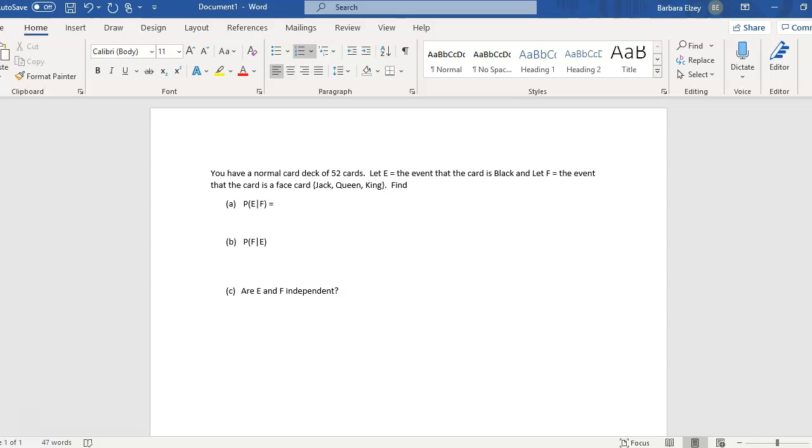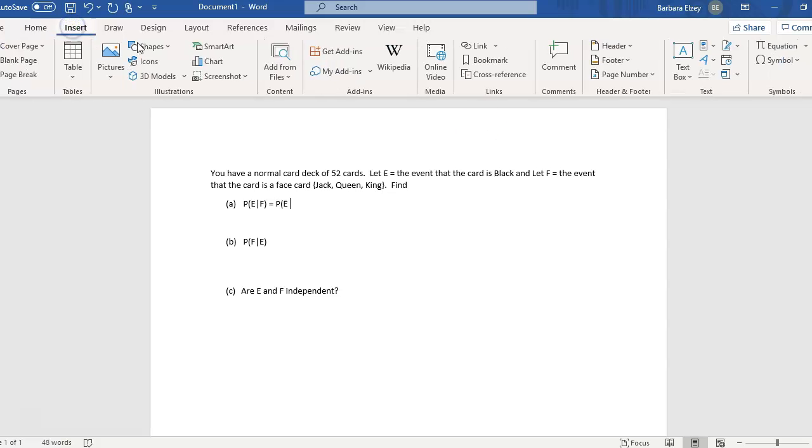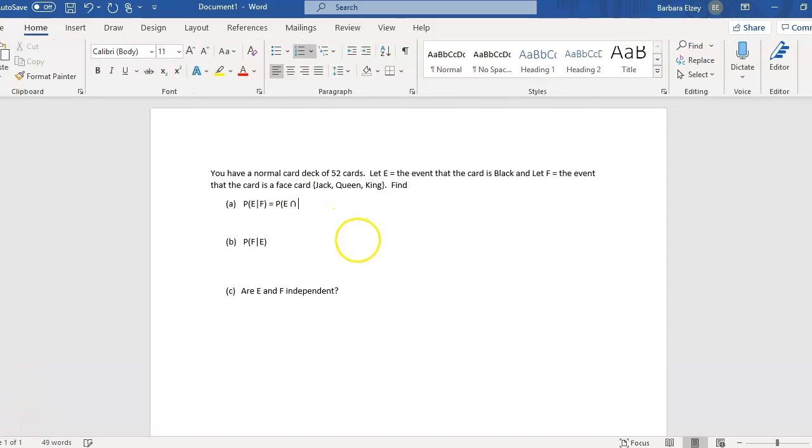We can find the probability of E given F by using the formula, and it's always going to be the intersection of the two events in our E given F notation, so E intersect F, and then on the bottom will always be the probability of the second one in the notation, so the probability of F.